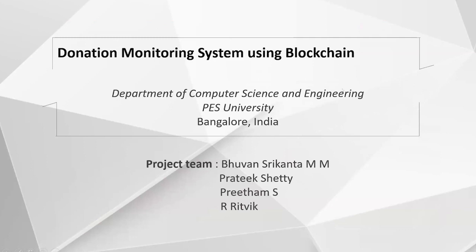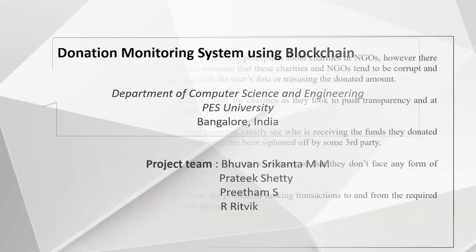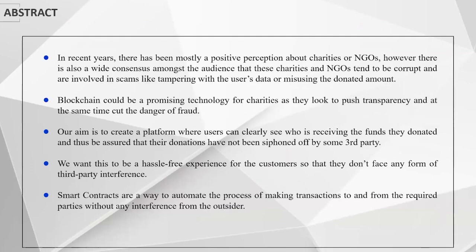As we all know, in recent years there has been a mostly positive perception of charities and NGOs. But also, there is a wide consensus among the public that charities and NGOs are not as transparent as they seem to be, and there might be some scams or tampering of users' data happening there.